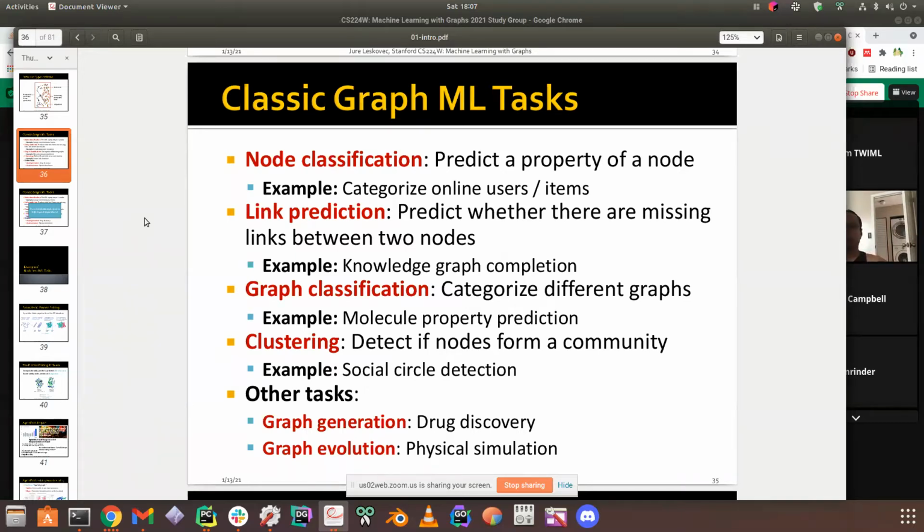And then there are clustering tasks, which is whether nodes form a group of people, sort of thing. And then they also mentioned graph generation for drug discovery and graph evolution, which is quite interesting because they're showing the physics simulation thing, which they model with their graph neural nets.